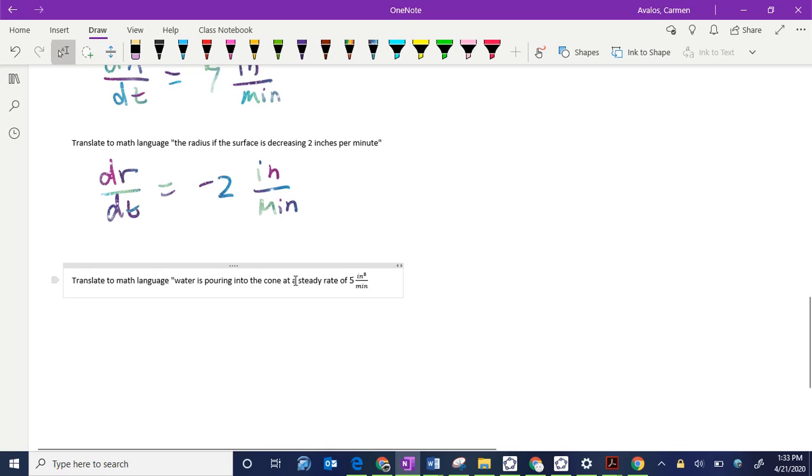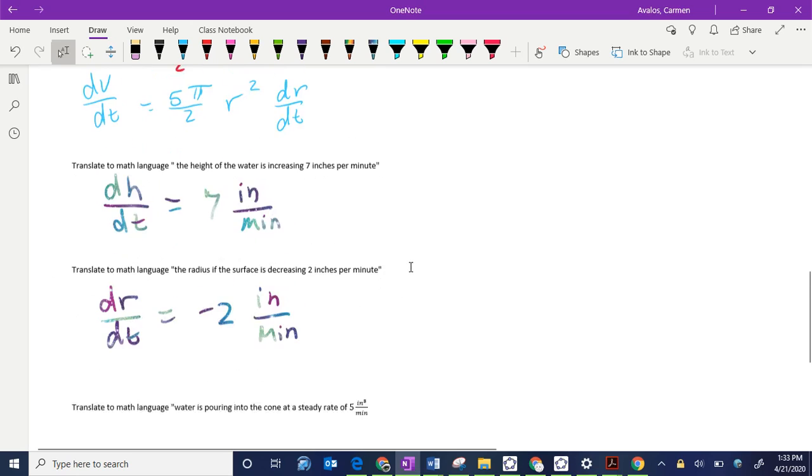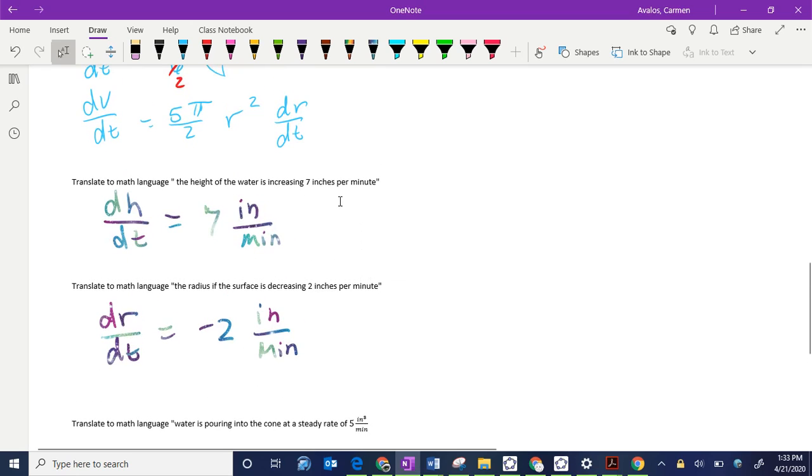And then translate the math language. Water is pouring into a cone at a steady rate of 5 inches cubed per minute. And so that brings me back to the units. Units are so important. This first one gives me inches per minute, and notice how it's just inches, not squared. So we know that this is just going to be a height. It's talking about a distance, a height. And then this is the radius. It's just inches.